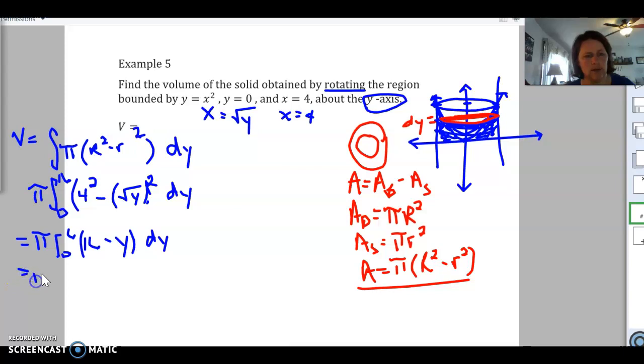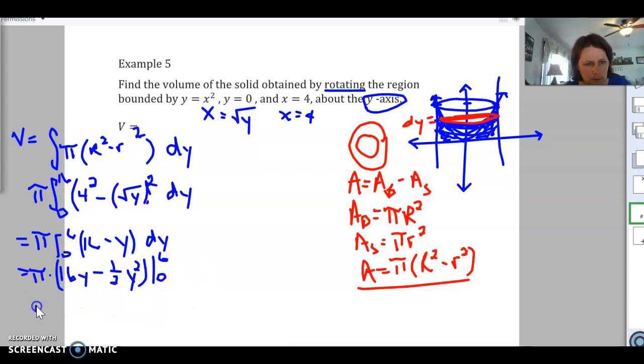And we have pi times 16y minus 1/2 y squared, and then all of that evaluated from 0 to 16.